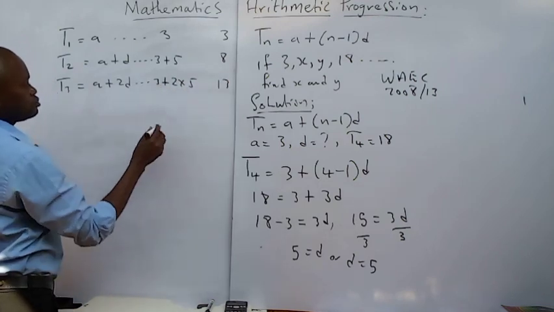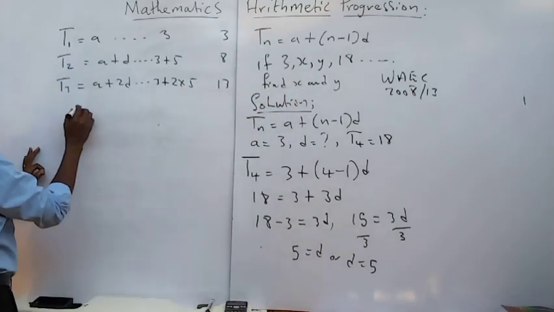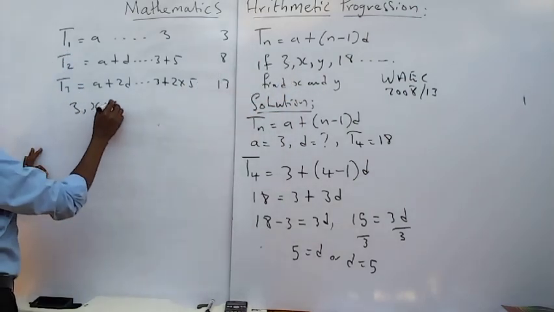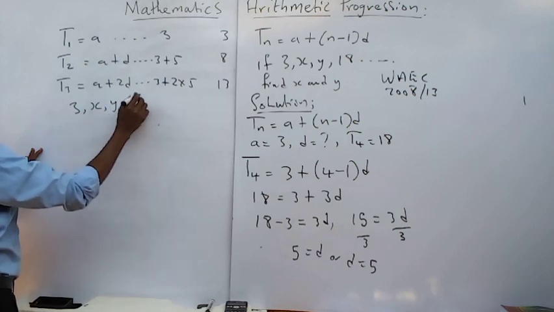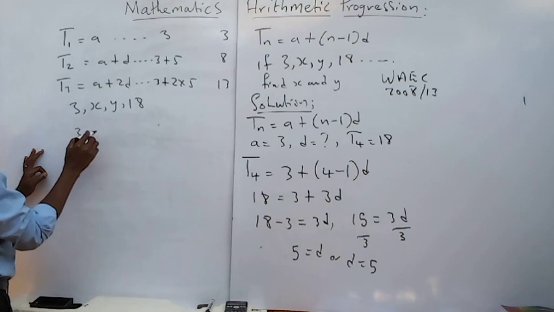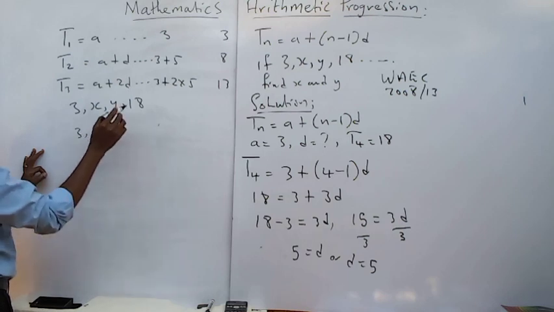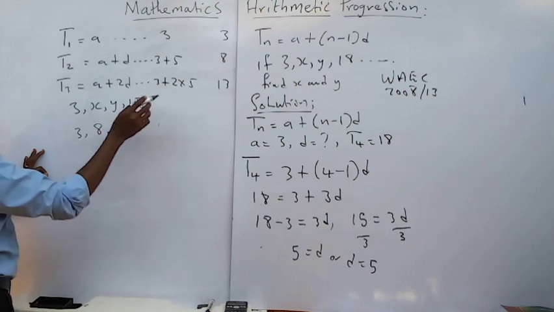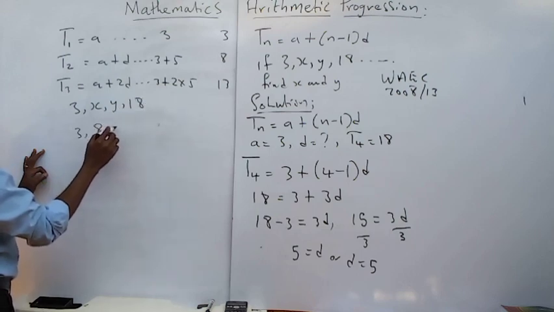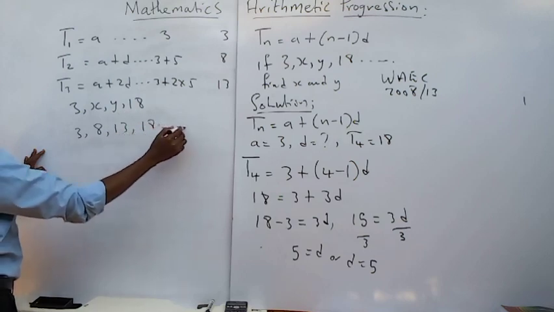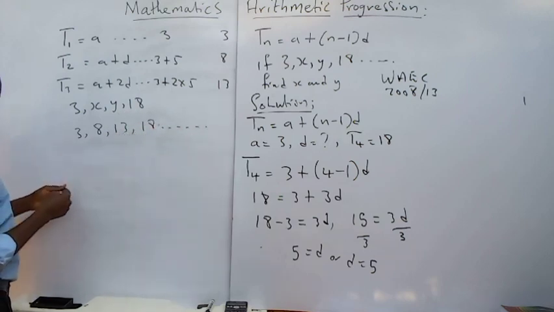That is to say, the sequence 3, x, y, 18 is the same as 3, and x is now 8, and y is now 13, and then we have 18, and it continues.